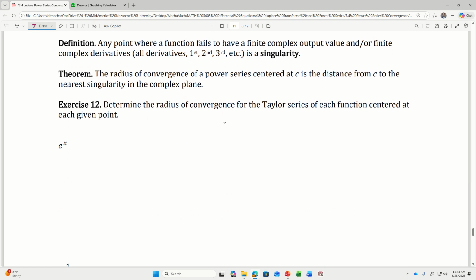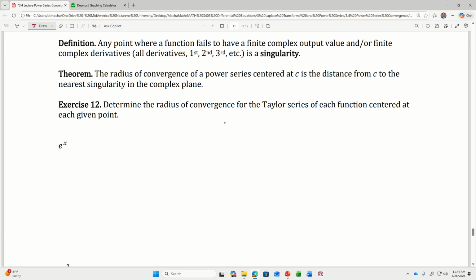Any point where a function fails to have a power series representation, the point where it breaks down, any point where you don't have a finite number value, it's okay if it's complex, but it can't be infinity. And that's not true for all of the derivatives, right? You have to have a finite real or complex value for your first derivative, second derivative, third derivative, fourth derivative, and so on.